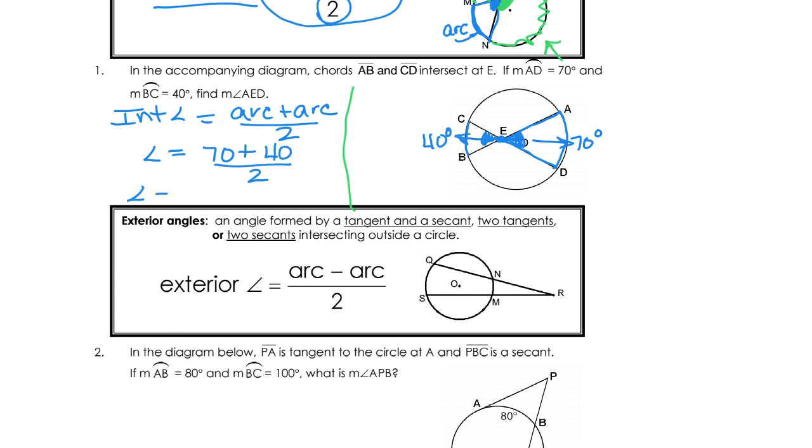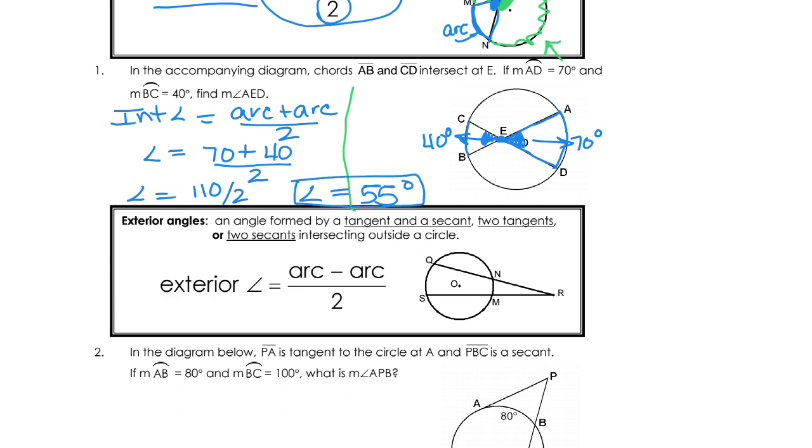So what we have to realize is that it's an interior angle and that the formula is arc plus arc divided by 2. Since we're finding the angle, we'll leave that angle equal. One of my arcs is the 70, and if I go the other way to this vertical angle, the other arc is 40. 70 plus 40 is 110, and then we have to divide by 2, so our angle comes out to equal 55 degrees.